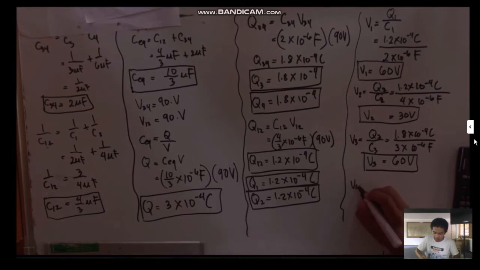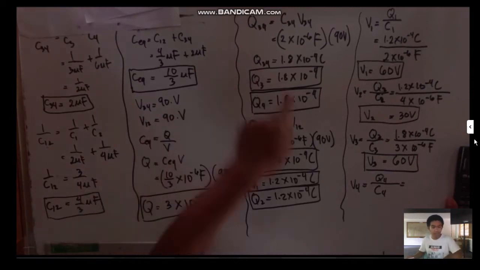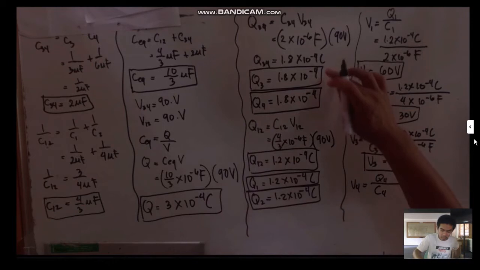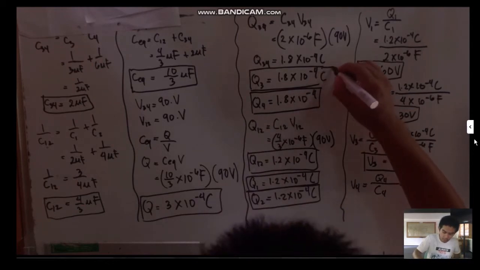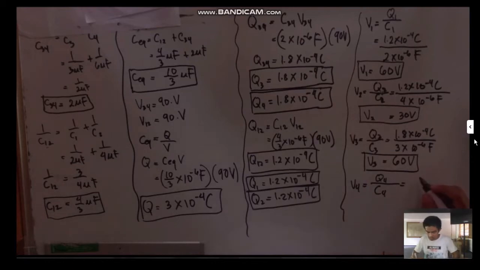Next, V4. V4 is Q4 over C4. Do you have Q4? Yes, which is 1.8 times 10 to negative 4 coulomb. Sorry, I forgot to put the unit here. C is for coulomb. So Q4 is 1.8 times 10 to negative 4 coulomb over C4.